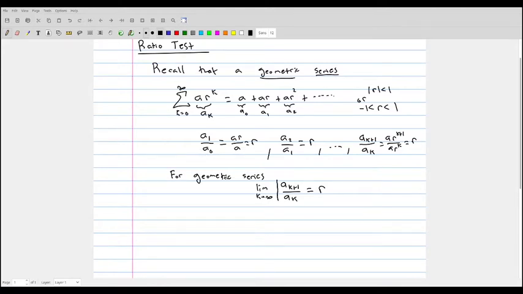And more specifically, we'll say the absolute value of this is equal to the absolute value of r. This is going to be important when we write down the actual ratio test. So if this limit of the ratio of subsequent terms in the series is less than 1 for the geometric series, this is convergent.